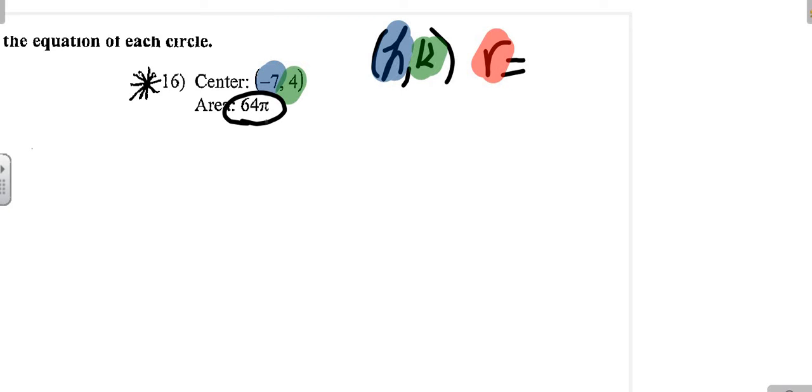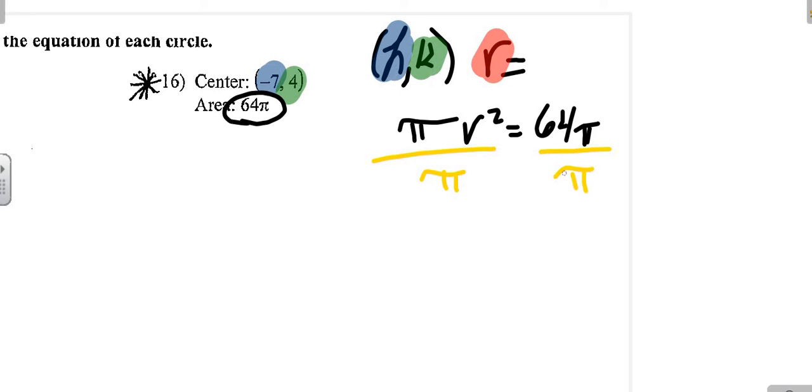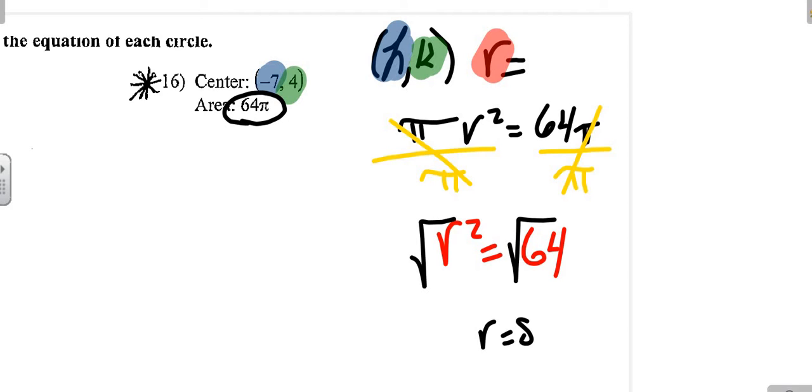The area of a circle. So pi r squared, 64 pi. Radius equals 8.